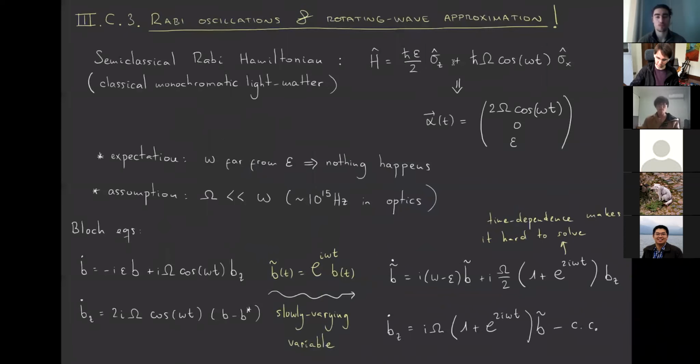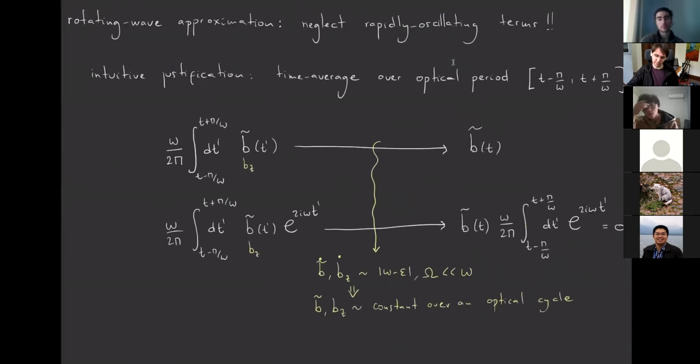These rapidly oscillating terms, we can neglect them in the equation because if B and B tilde star are slowly varying variables, then essentially the contribution of these terms will cancel to 0. And this is something that I am just justifying intuitively here, but we will actually see the rigorous proof, based on perturbation theory.